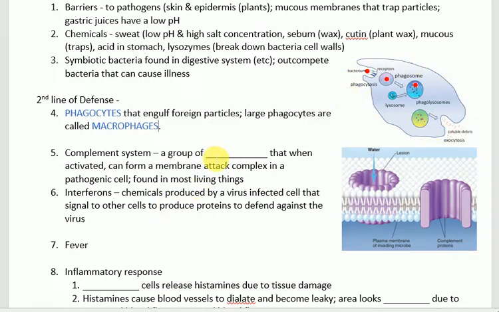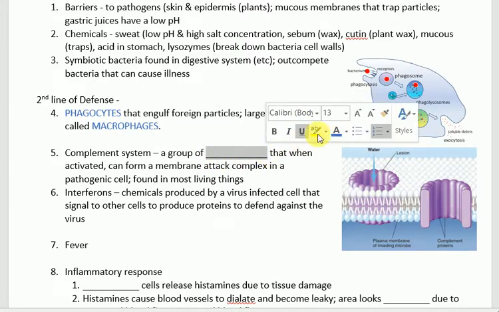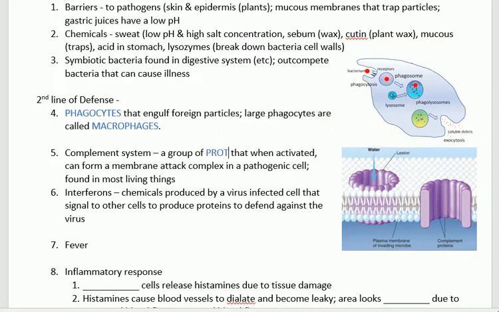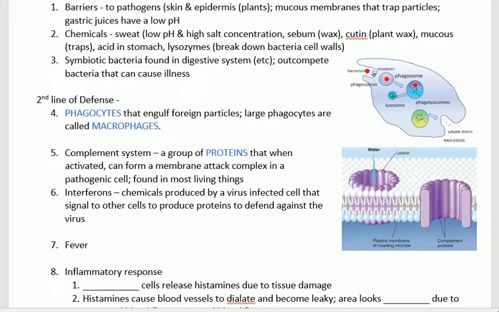Then we have the complement system, and notice that it is not spelled like regular complement. It is a group of proteins that when activated, they basically form a membrane attack complex in a pathogenic cell. And this is found in most living things. So for instance here, this is the complement protein, and they are forming that membrane attack complex in that cell.